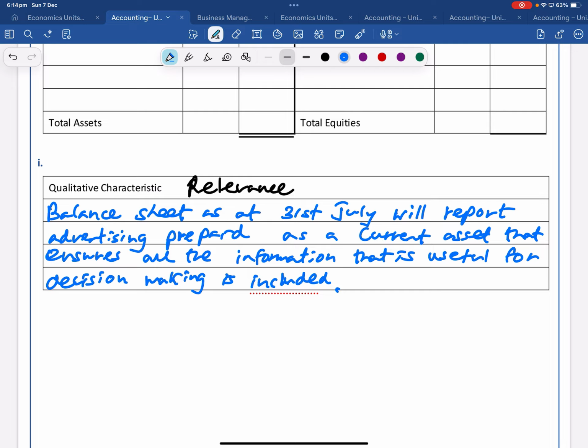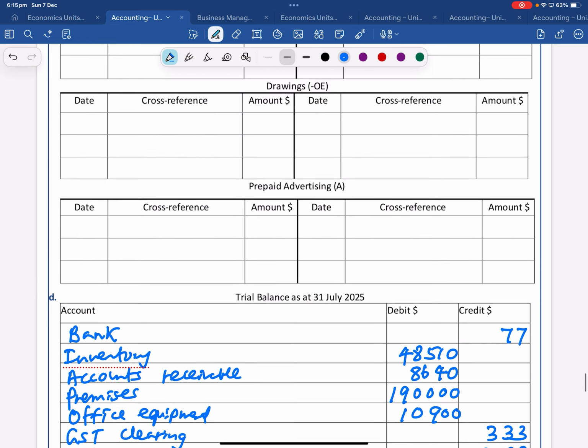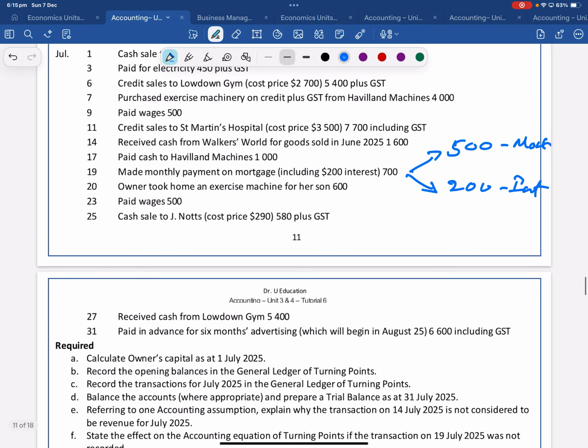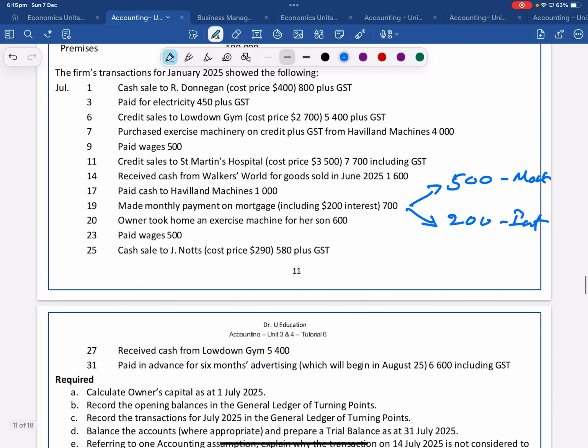Would it become an expense at the end of the payment? So when was the payment made? The 31st transaction, which will begin in August 25, and go till about January.